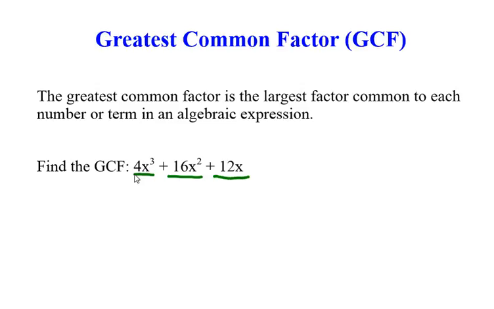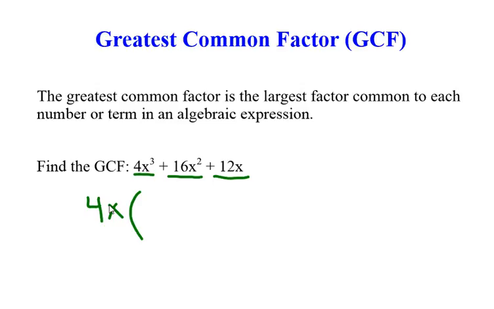The coefficients, 4, 16, and 12, are all divisible by 4. So we can factor a 4 out. Each term also has an x in it. So we can factor an x out.